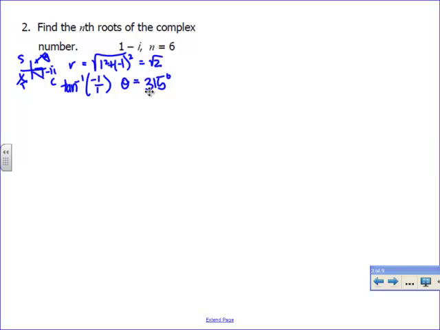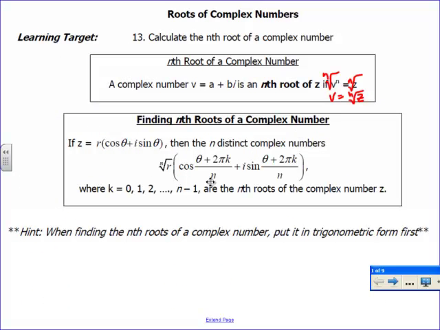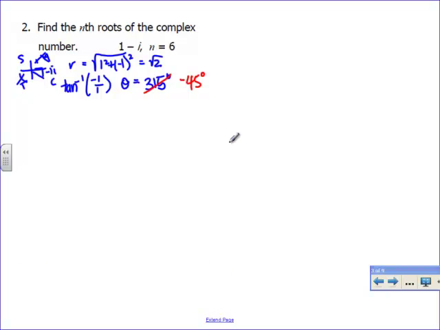So instead of thinking about it as 315, let's think about it as negative 45 degrees. The only hitch is if we look at our directions for finding the roots, we're adding that multiple of 2 pi k, and 2 pi is in radians. And so we need to make sure that we think about that theta in radians. So we're going to think about negative pi over 4 as our number for this complex number.